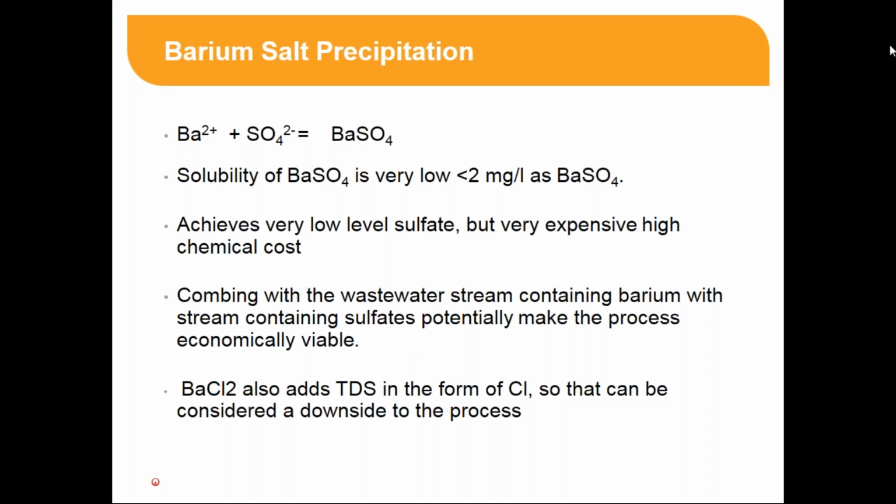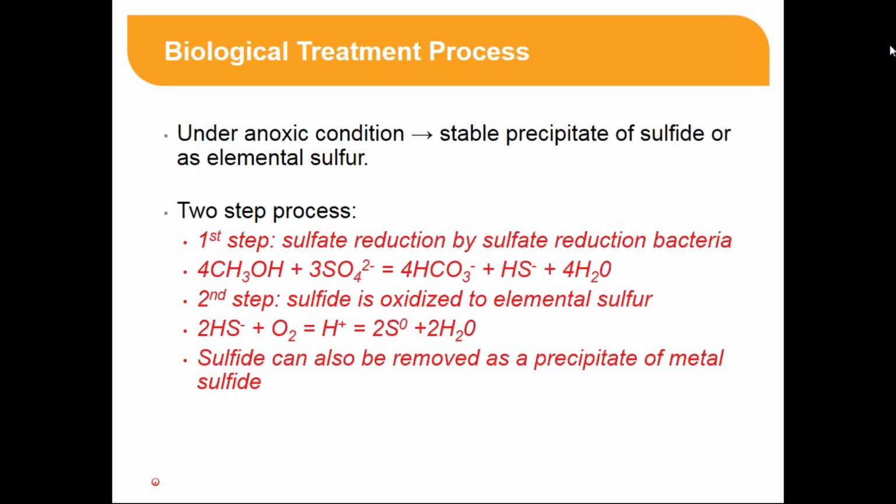The equivalent weight of sulfate is 48, whereas chloride is 35.5. So you're replacing every sulfate ion with 1.5 or at least 2 chloride ions. So the disadvantage is you have high TDS and high operating costs, but the advantage is you should be able to get barium and sulfates down to very low concentrations.